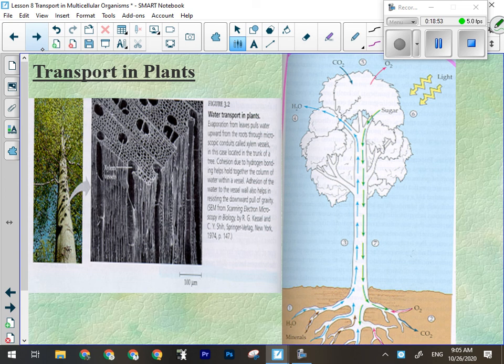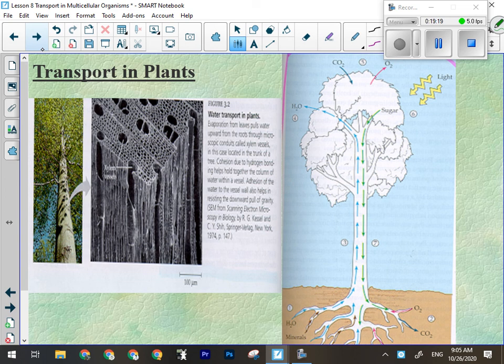So water gets drawn to the leaves through the xylem. It's the fact that water containing some salts evaporates from the leaves and leaves the salt behind, creating a large concentration of salt. That's what draws the water up the plant. It's completely free. The plant doesn't require any energy to make that happen. It just occurs on its own.